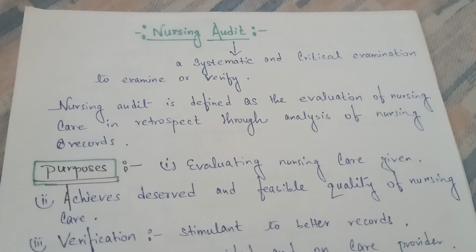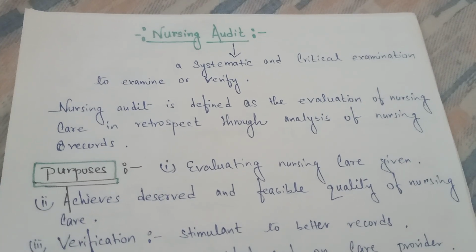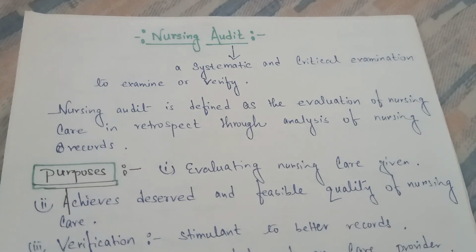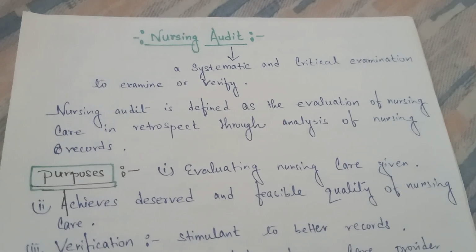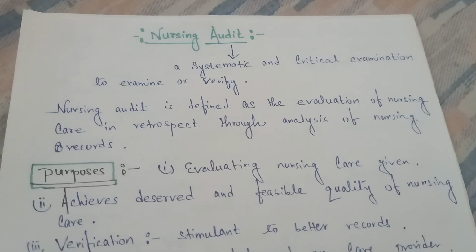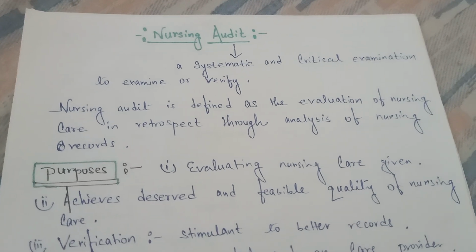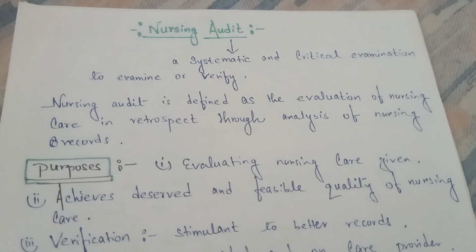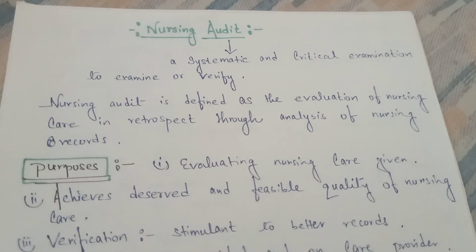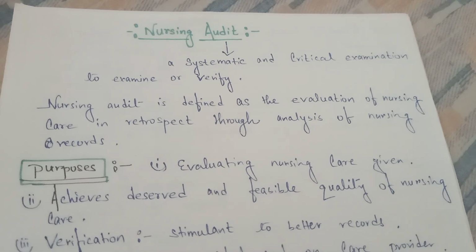So nursing audit. What is nursing audit? A systematic and critical examination to examine or verify. So you understood, it is a systematic and critical examination. Why? To examine or verify. So nursing audit is defined as the evaluation of nursing care in retrospect through analysis of nursing records.